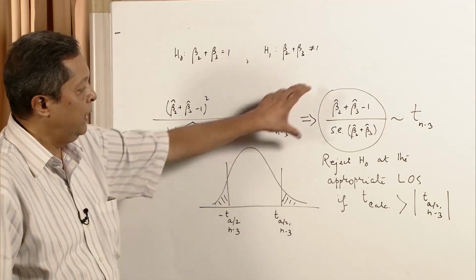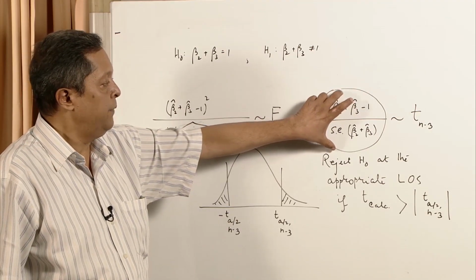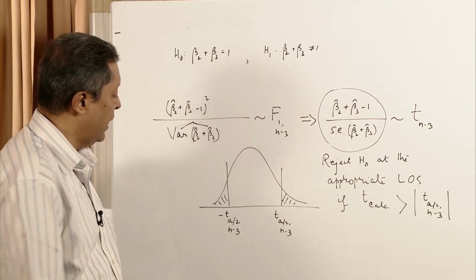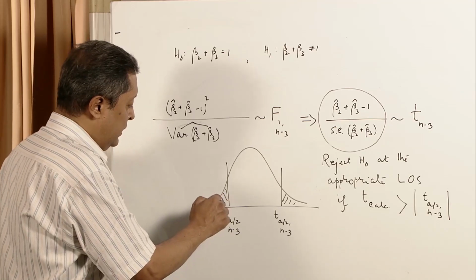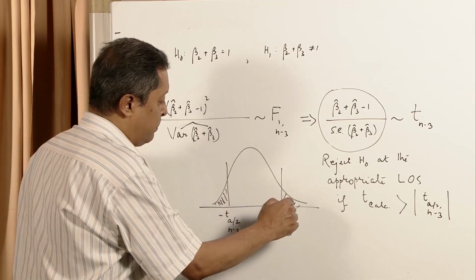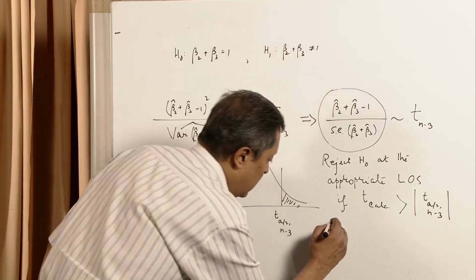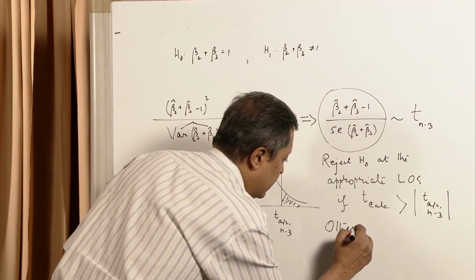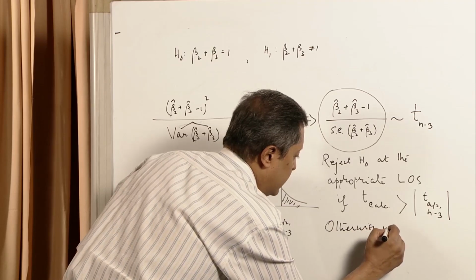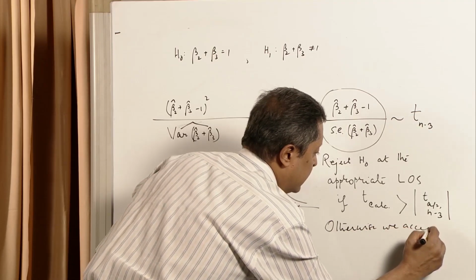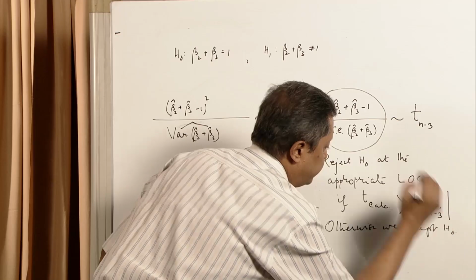That means, if this computed value of the t statistic lies either in this shaded part or in this shaded part, then we reject H naught. Otherwise, we accept H naught.